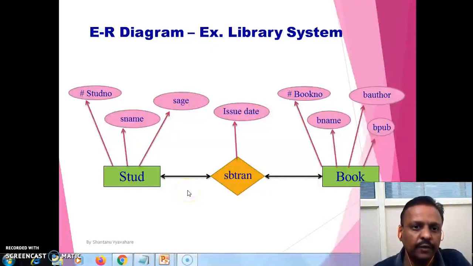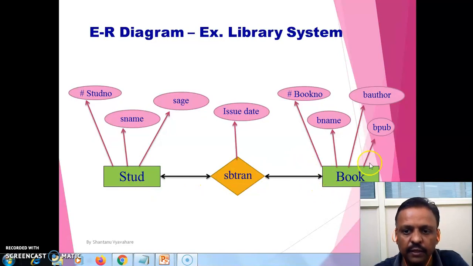Okay, so this is an example of a library system entity relationship diagram. This is a student entity, then this is a book entity. There is a relation between student and book, many to many. That relation is called SB trans, that is student book transaction.